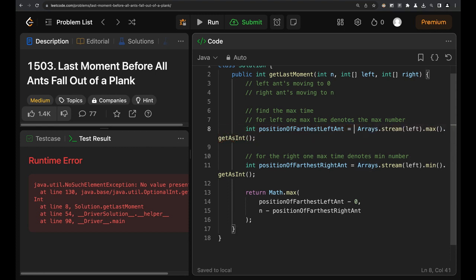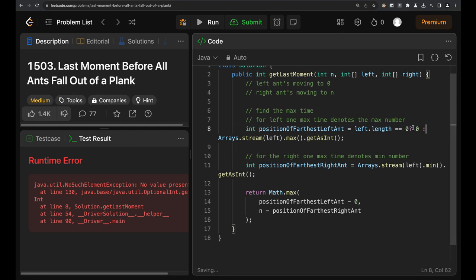So we need to handle this case by saying if left.length equals 0, then I'm returning the maximum as 0. Why 0?